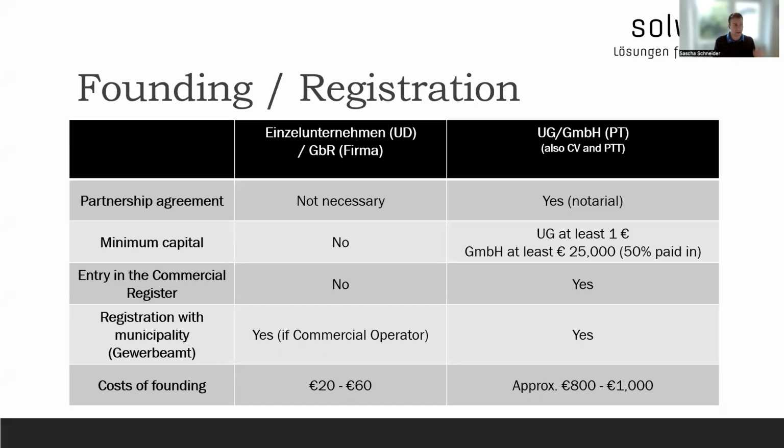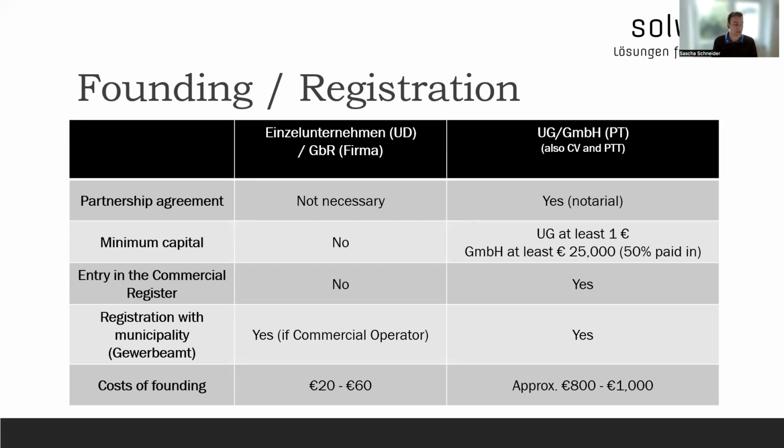And as you can see, because you need to go to a notary to open the GmbH, the cost of the foundation is higher, approximately 800 to 1,000 euro, because you need to pay the fees for the notary, for the commercial register, and for the registration as well. And of course, the registration with the Gewerbeamt has the same cost as for the Einzelunternehmen.